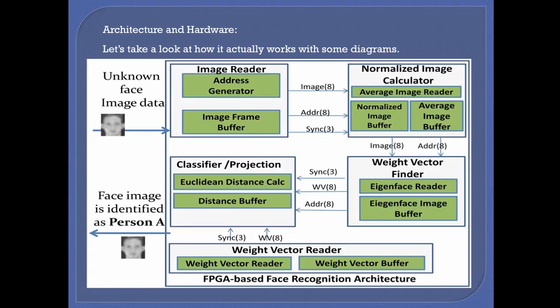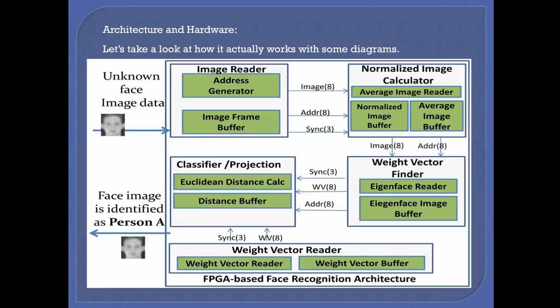So the weight vector finder module calculates the weight values for the input image using the previously calculated image and the eigenvector values. The eigenvector values are read by the eigenface reader from the eigenface image buffer. And as you can see, it's moving along with the image and the address.